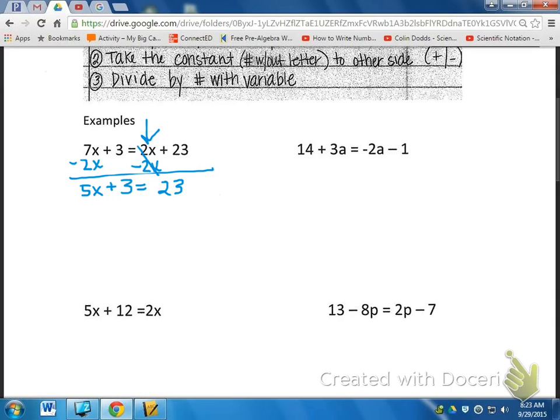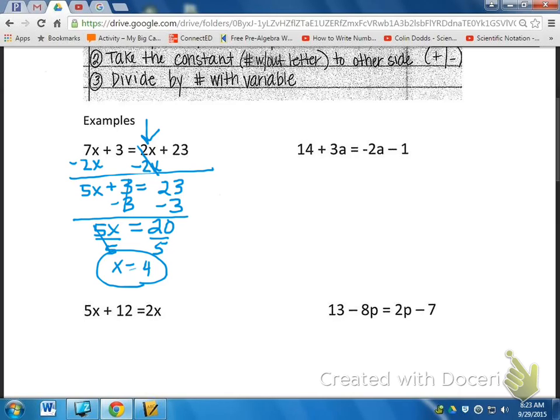The constant term is a 3, so subtract 3. And 5x equals 20. Divide by 5. x equals 4. Questions about that?